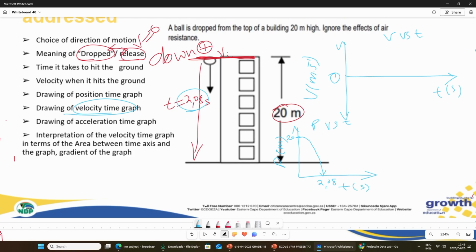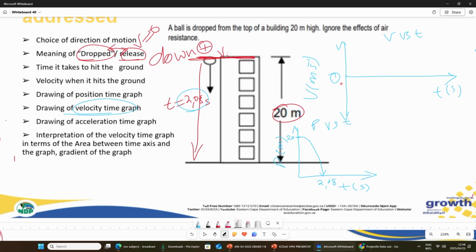We know that our ball was dropped, so the velocity is 0. That means our graph is supposed to start where the velocity is 0.